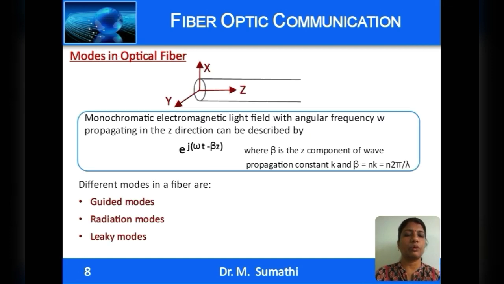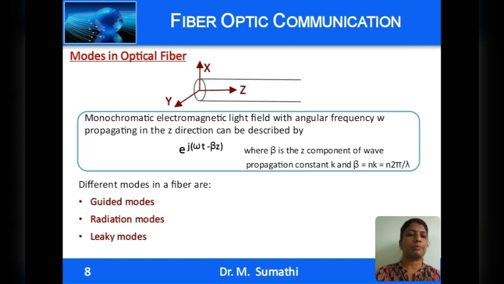We will look into the different modes in a fiber. Before that, the diagram shows an optical fiber. The axis is along the z direction, which is the direction of propagation of the wave, and x and y are the transverse directions. The electromagnetic field can be described by e to the power j(omega t minus beta z), where omega is the angular frequency and beta is the z component of the wave propagation constant, given by nk, where k is the propagation constant in free space and is equal to 2 pi by lambda.